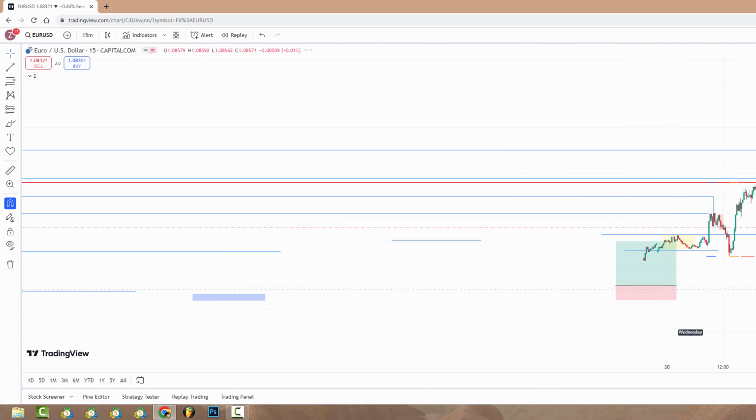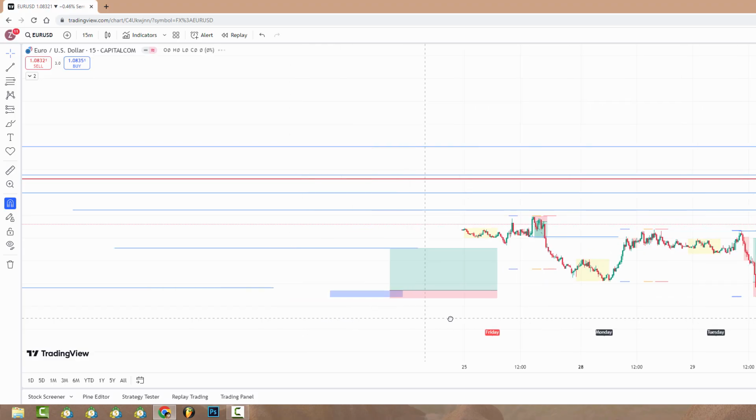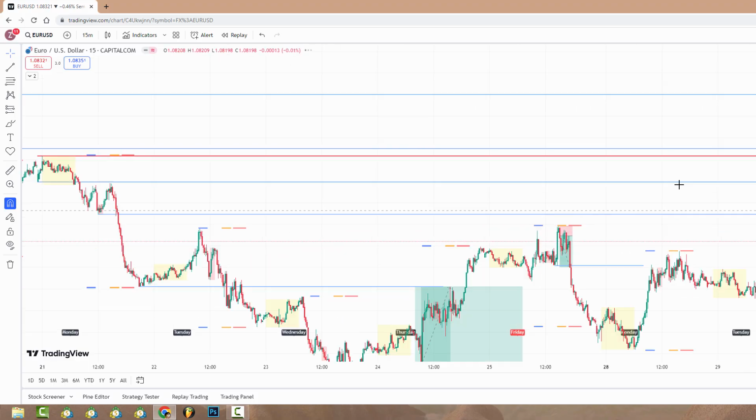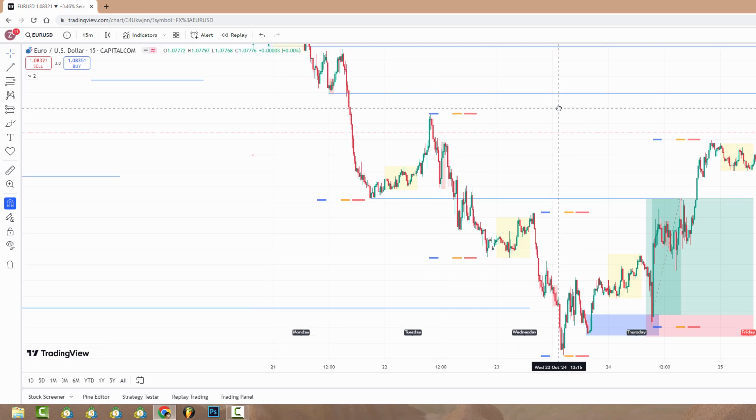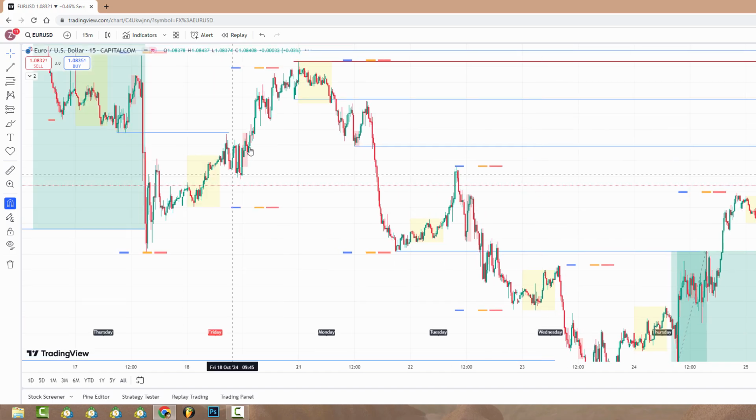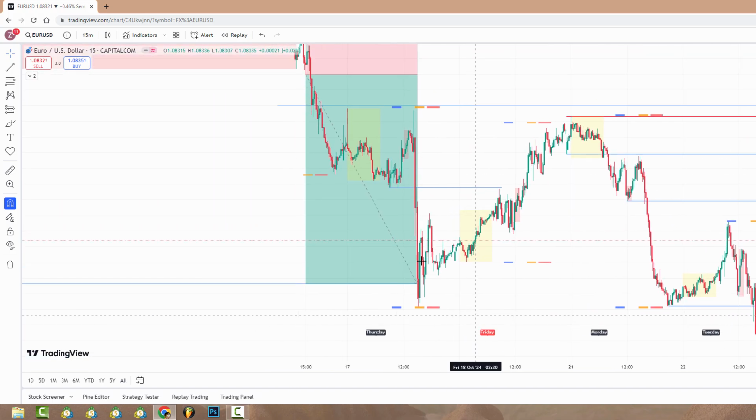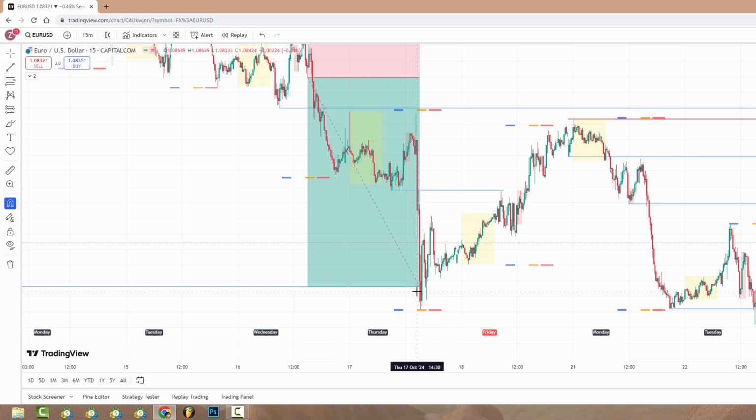So right now what you want to do is look for buys. We tapped it right here, so now we want to look for buys. And as we look for buys, we also have this efficiency that was left right here from this move, and this one as well that wasn't fully tapped.